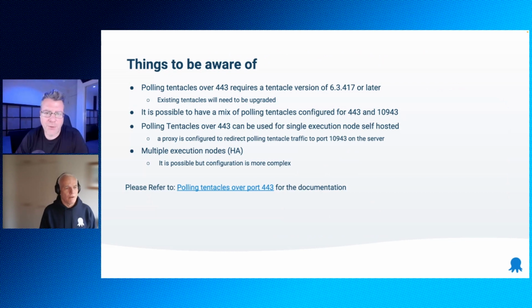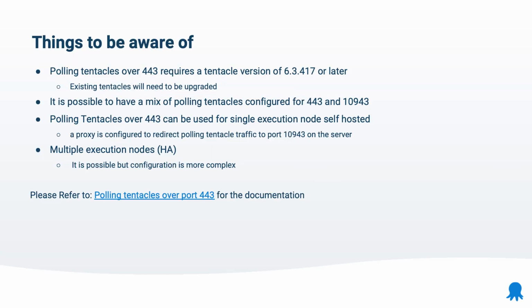You've provided a nice summary here. Yeah, John. So unsurprisingly, there is a minimum tentacle version number to be able to use this, and it's listed there: 6.3.417 or later. And therefore, any existing polling tentacles that you wish to use this capability would need to be upgraded to that same version number or a later one.